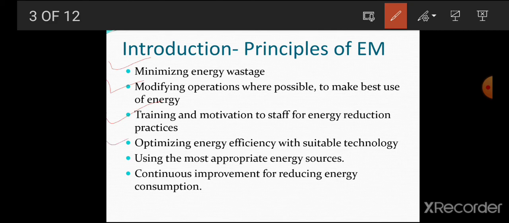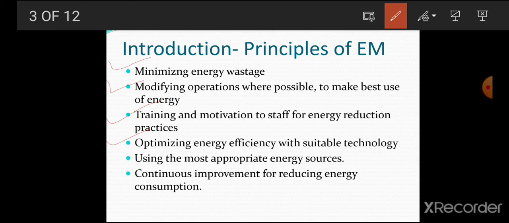Then optimizing energy efficiency with suitable technology. So if suitable technology is available which can optimize the energy efficiency, that technology should be used. So you should not be stuck with the older technology.